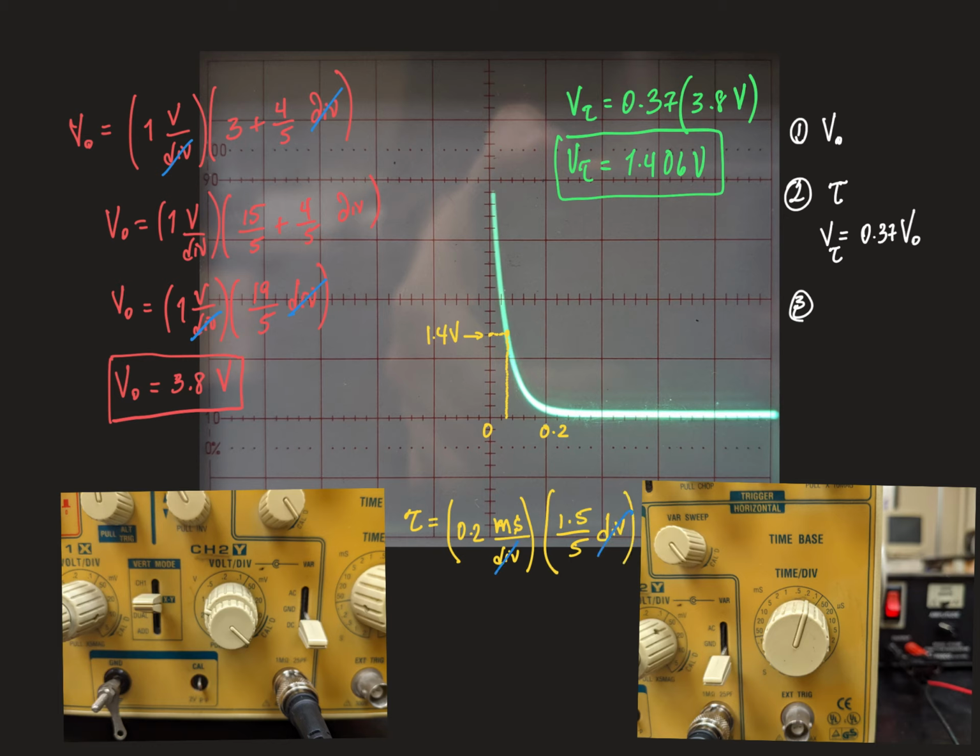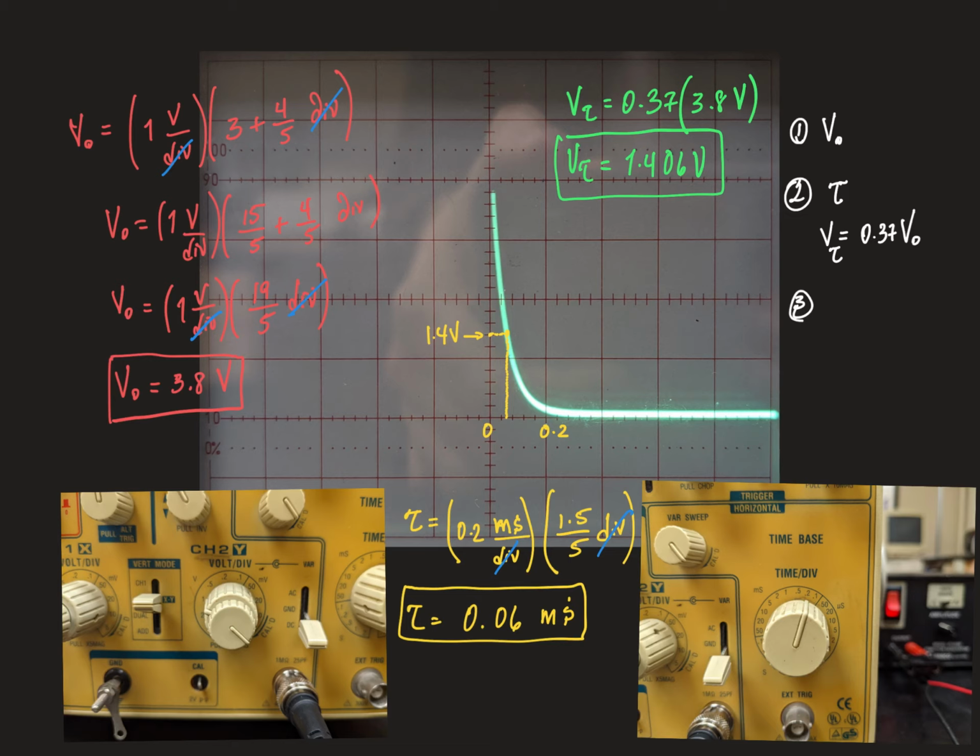Divisions cancel, and this gives me a tau that is 0.2 per 1.5 divided by 5, which is 0.06 milliseconds.